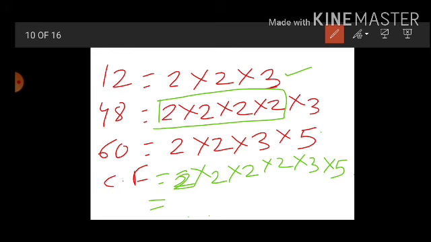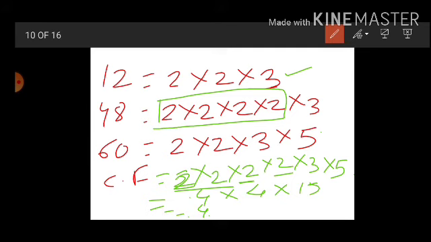So 2 2s are 4, 4 2s are 8, 8 2s are 16. Then 16 3s are 48, and 3 5s are 15.